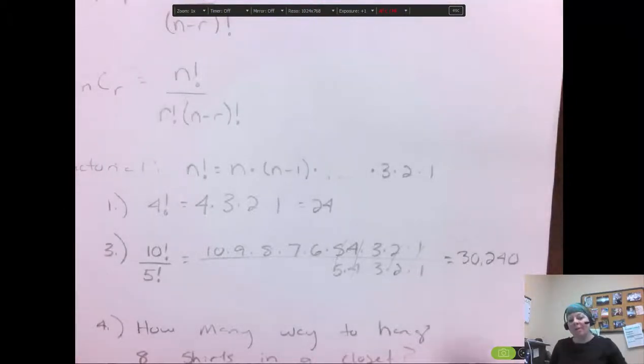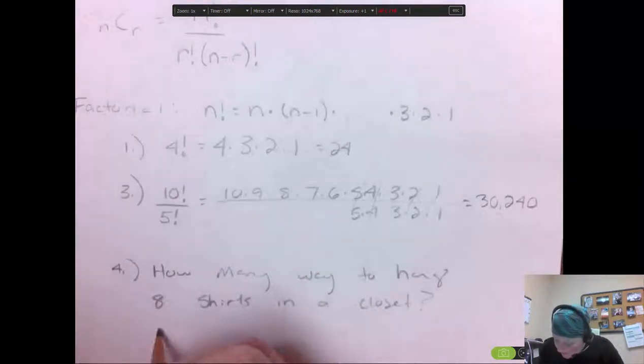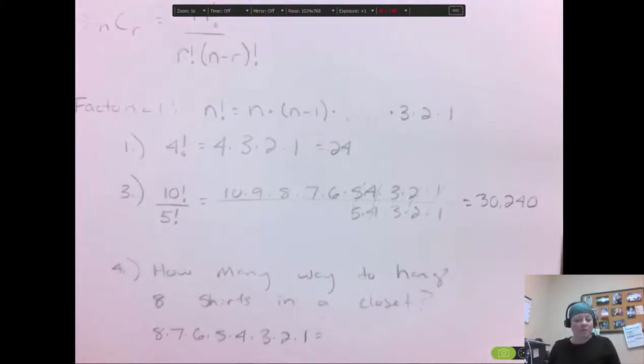So you really don't probably need the formula necessarily for this one, because it's a permutation, so it's a little easier. But I want us to use the formula as well. So we can think, well, there's 8 ways: times 7, times 6, times 5, times 4, times 3, times 2, times 1. Or it could be 8 factorial.